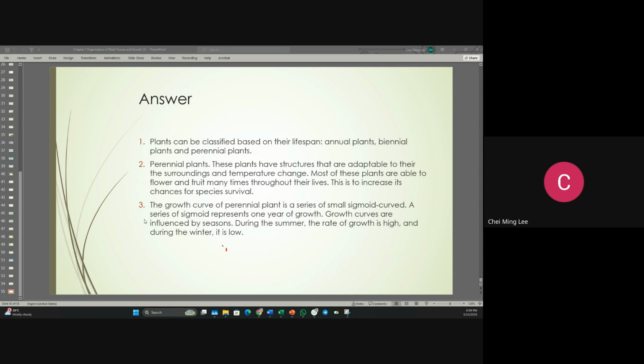Unlike non-woody plants, normally most of them are only one-time growth, meaning only apical meristem. Apical meristem only requires one time. They don't undergo secondary growth, so they don't need so many nutrients. But because this chapter is talking about the perennial, that's why the answer should be perennial. Okay.